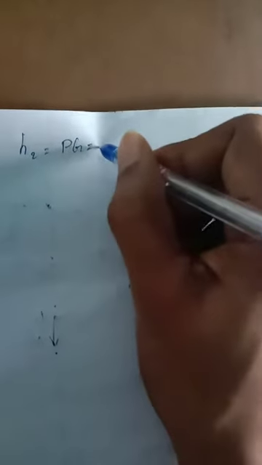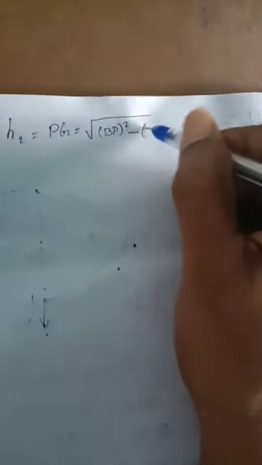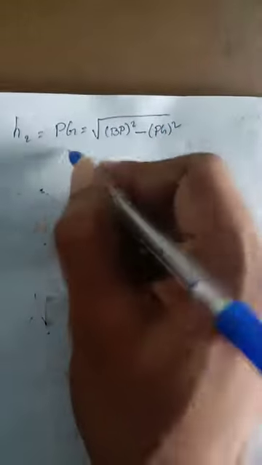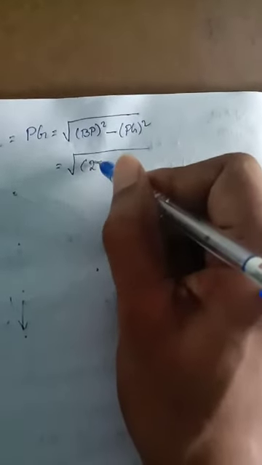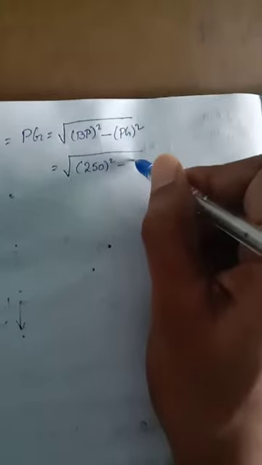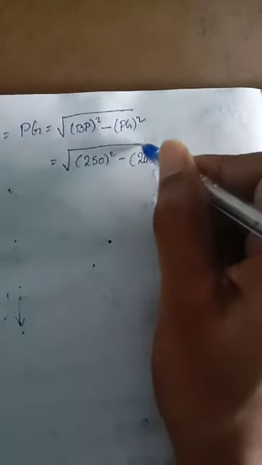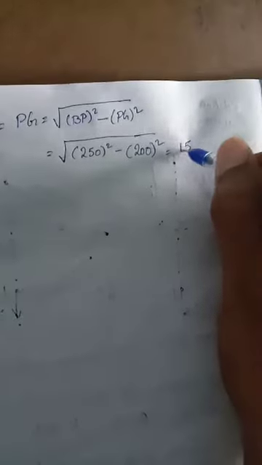Similarly, for the maximum position, h2 is equal to PG, which is the square root of BP squared minus PG squared, where BP is equal to 250, which is the same, and PG is 200 mm. So this is 0.15 meter.